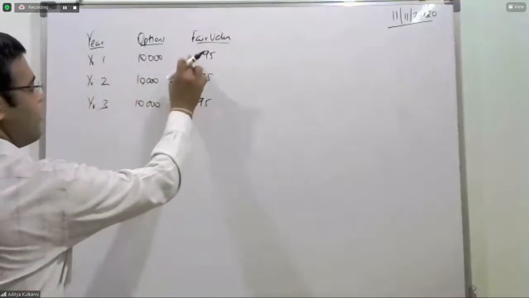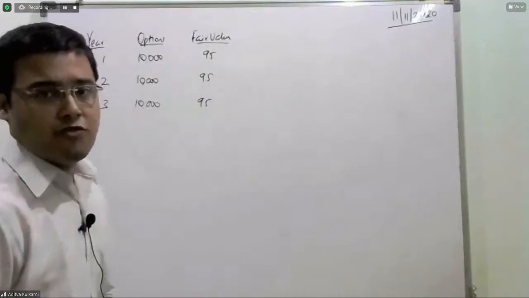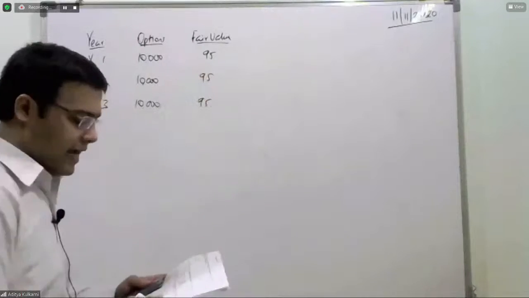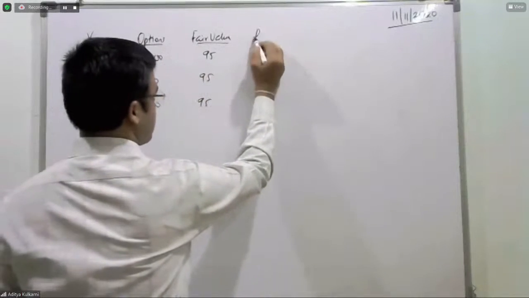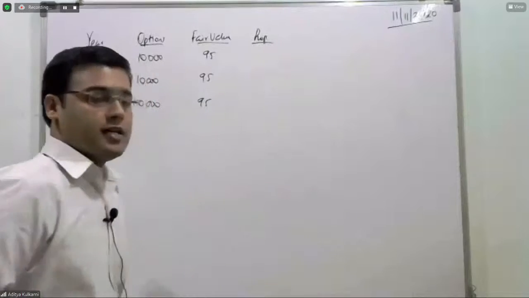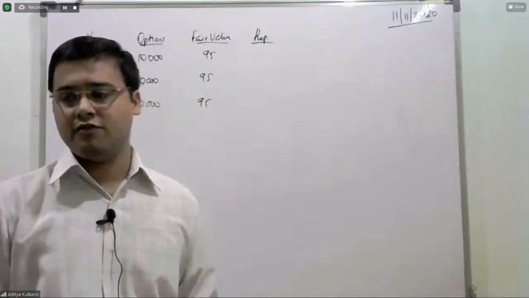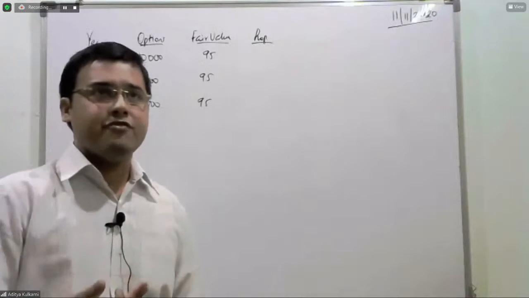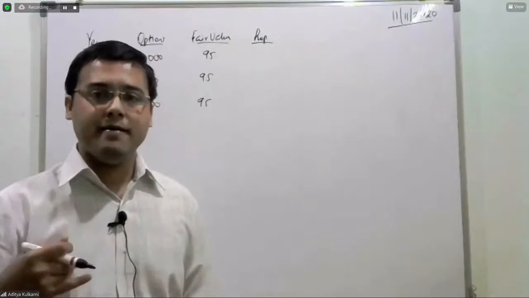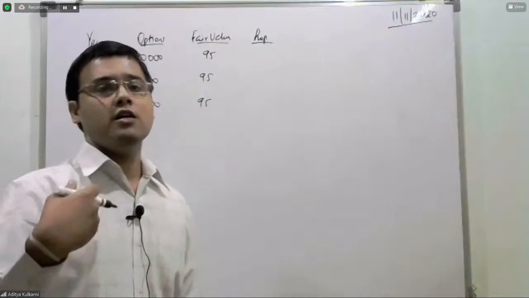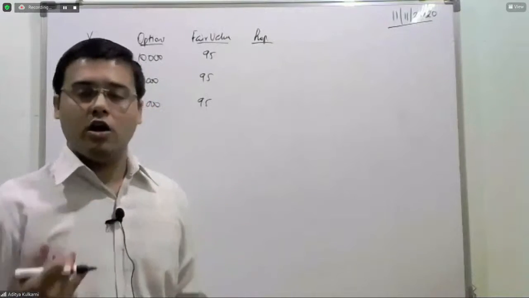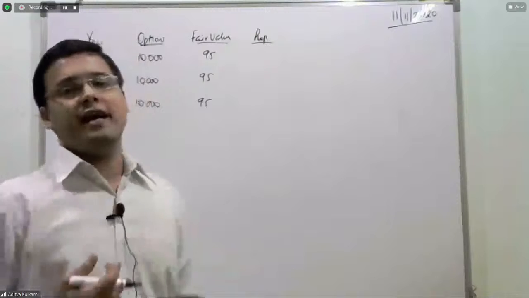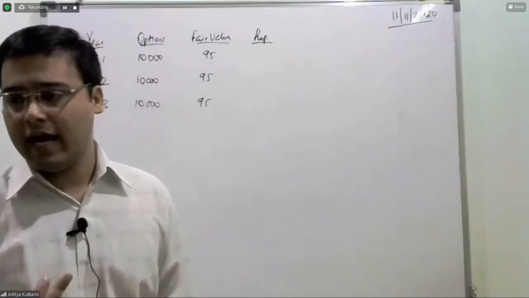All right. So fair value 95 for the options. And then what is the proportion? Now, first year you achieved a reduction of how much? 12%. So now you thought, all right, first year I achieved 12%. I am on track to achieving the balance cost reduction target over the balance period of 3 years. I can do that.